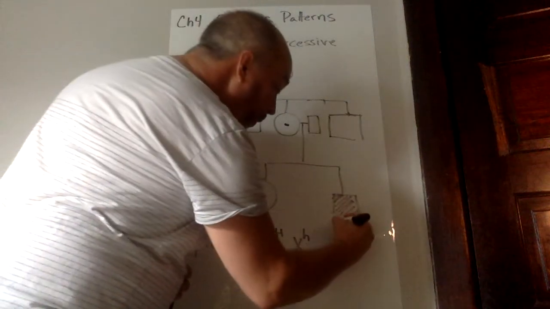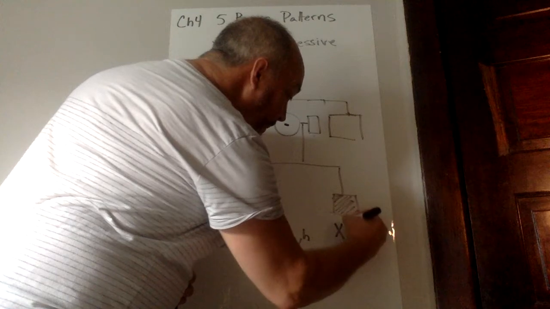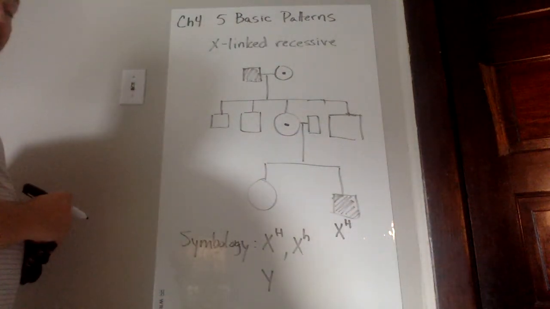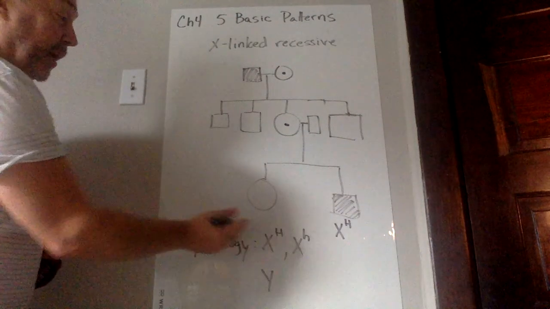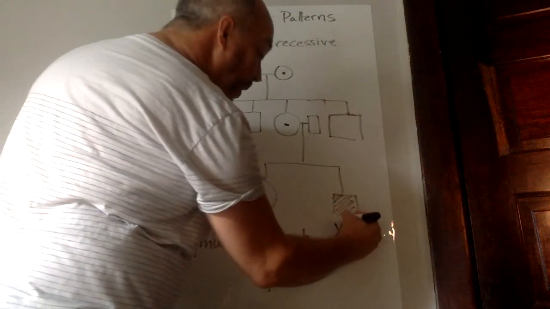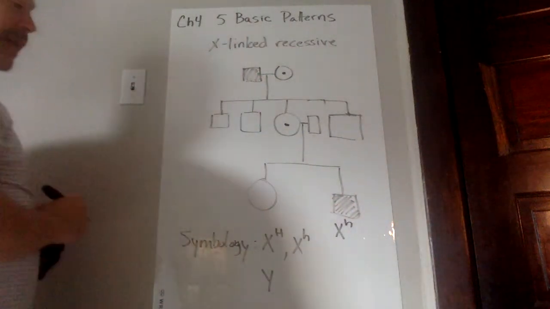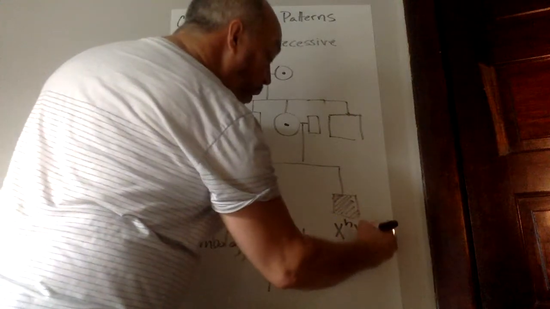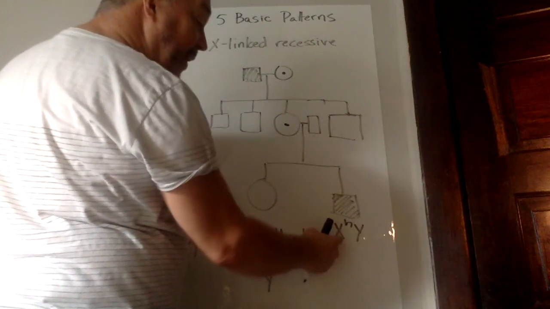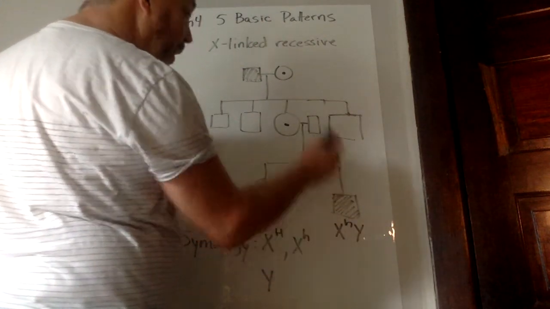So this individual has the colorblind gene. That is a recessive gene. So they will be X, little h, and then Y. This is why they're hemizygous. They only have one copy.